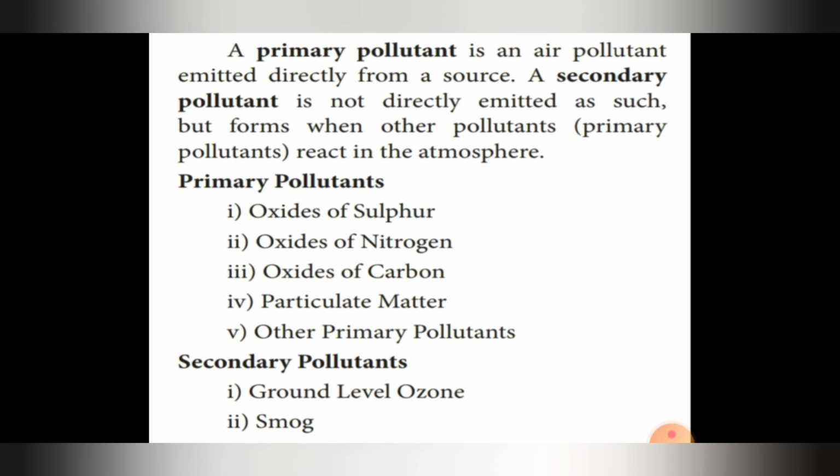That is called primary pollutant, which is directly emitted by the source. Secondary pollutant is not directly emitted, but forms when other pollutants, that is primary pollutants, react in the atmosphere. Primary pollutants are oxides of sulfur, oxides of nitrogen, oxides of carbon, particulate matter, and other primary pollutants. Secondary pollutants are ground level ozone and smog.